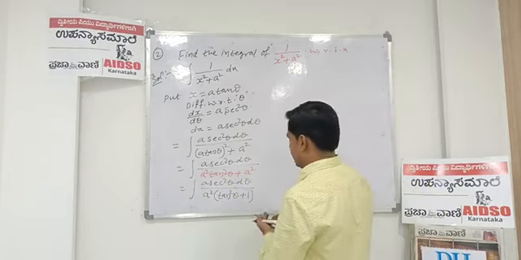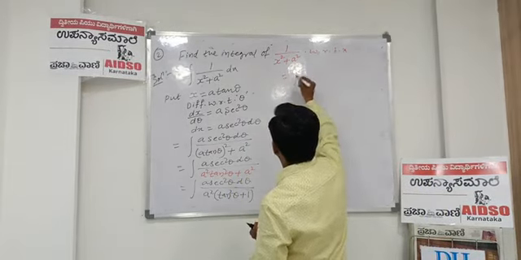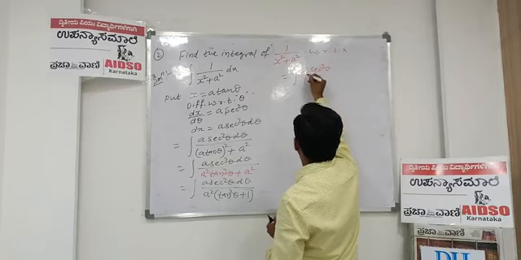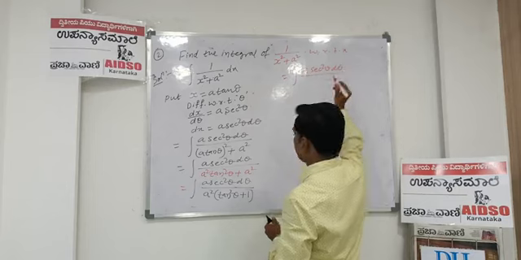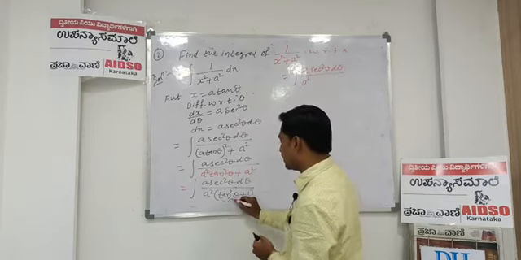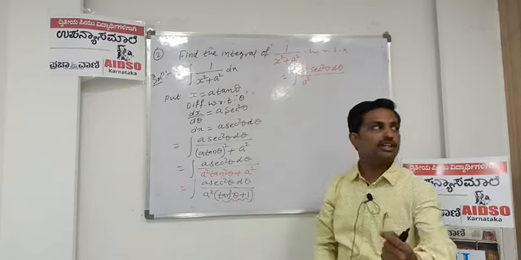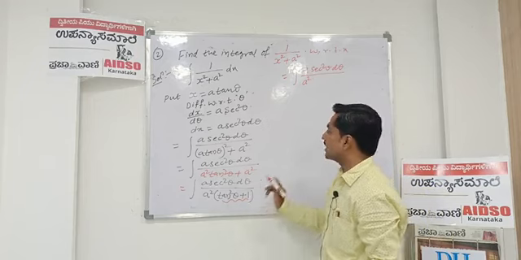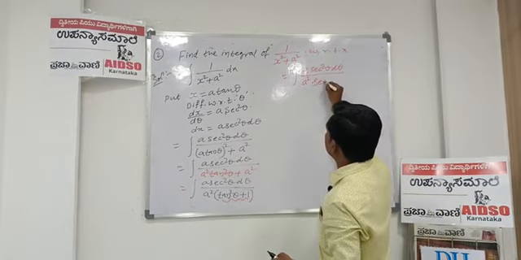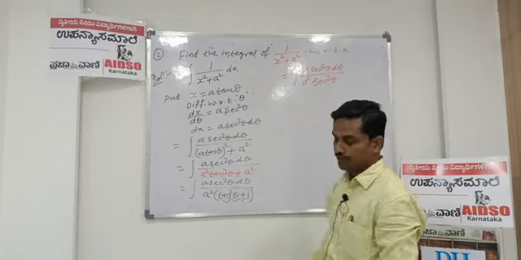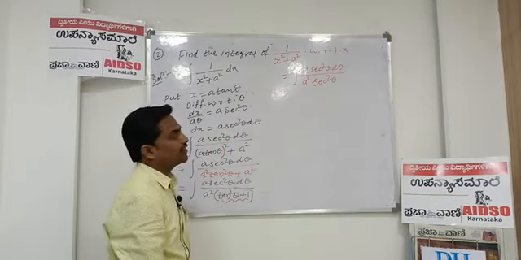Then in the next step, a secant square theta d theta divided by a square (tan square theta plus 1). This is nothing but our second trigonometric identity: 1 plus tan square theta is nothing but secant square theta. So in place of 1 plus tan square theta, we have substituted secant square theta.